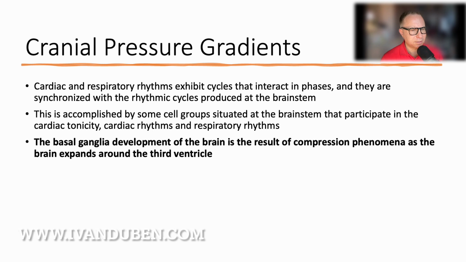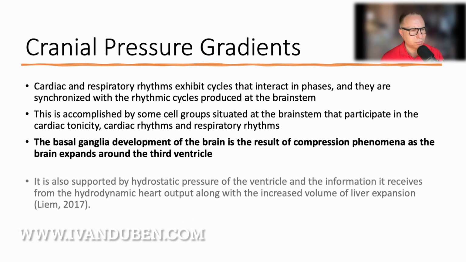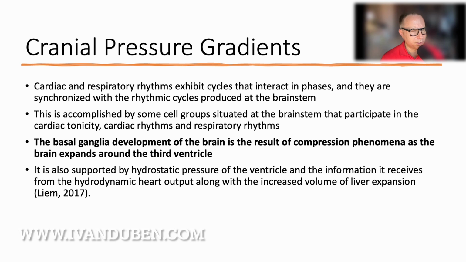The basal ganglia development of the brain is the result of compression phenomena as the brain expands around the third ventricle. It is also supported by a hydrostatic pressure of the ventricle and the information it receives from the hydrodynamic heart output, along with the increased volume of liver expansion.